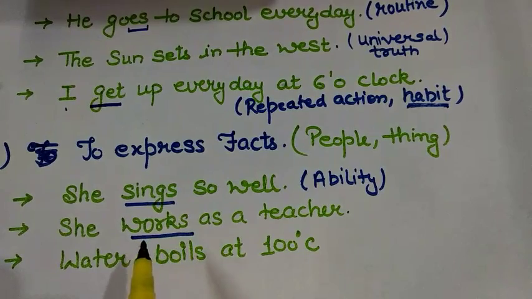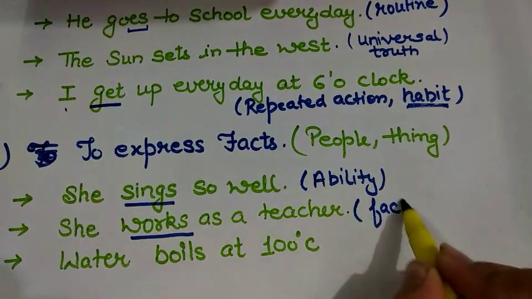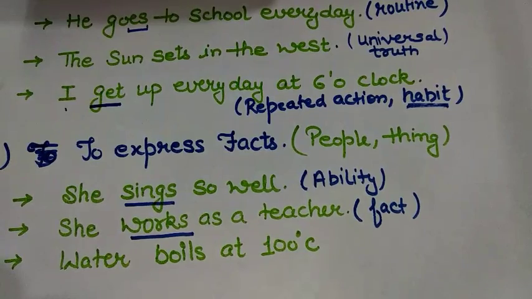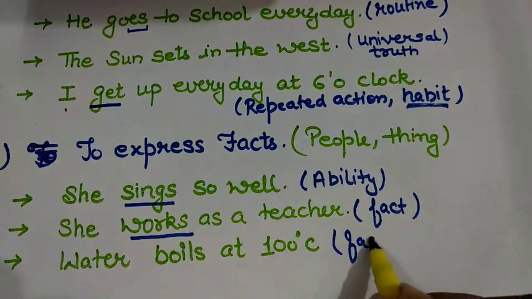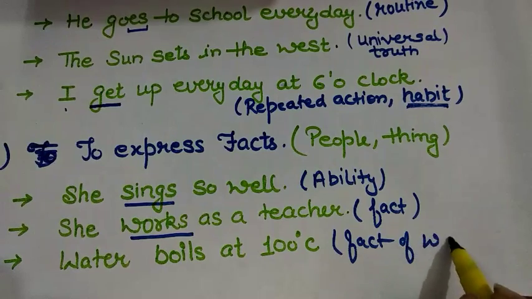We have discussed a career point or a particular fact about her. So, it is a fact of her life that she works as a teacher. See, water boils at 100 degrees Celsius. This is again a fact of water. So, we used simple present tense to express this.